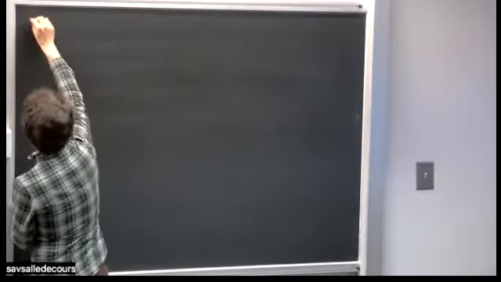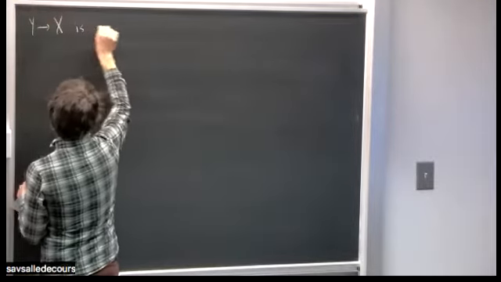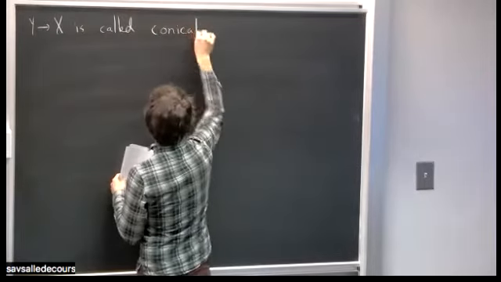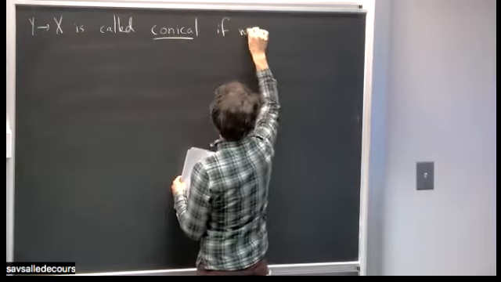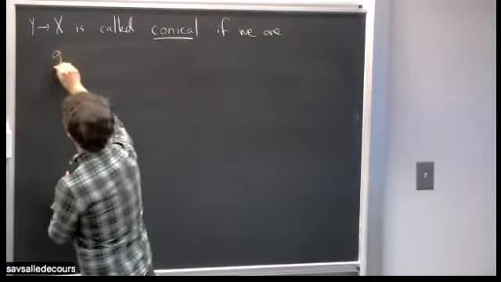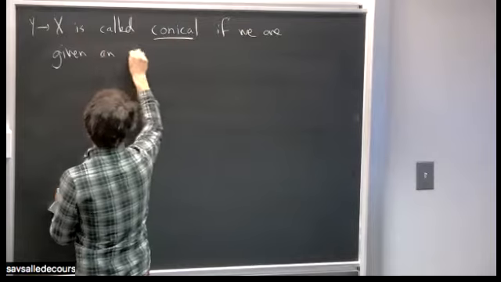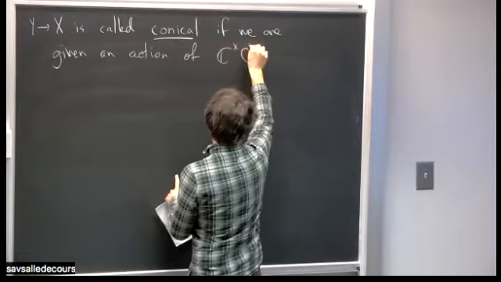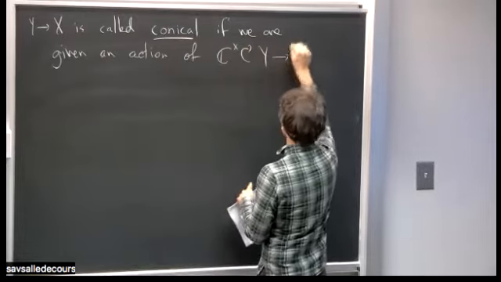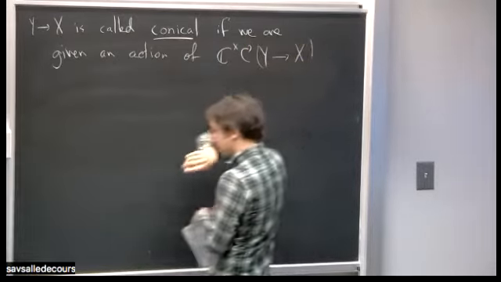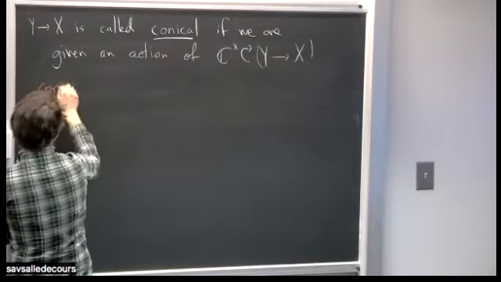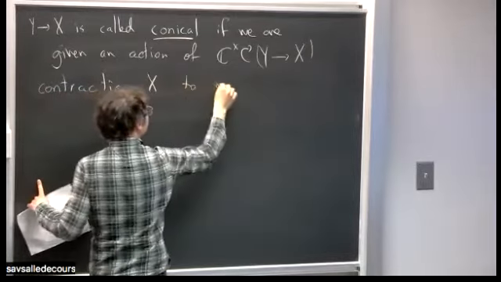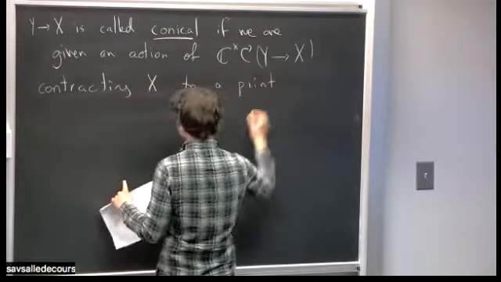So this y to x is called conical if we are given an action of C star on y and x, so it acts on both spaces compatibly with this map, which contracts x to a point and scales the symplectic form.